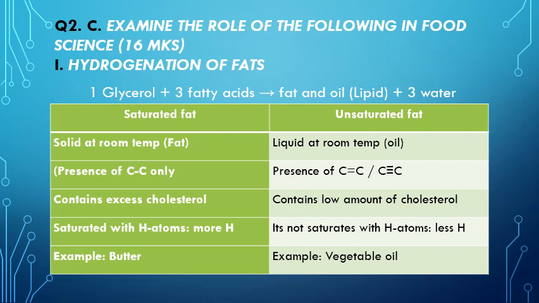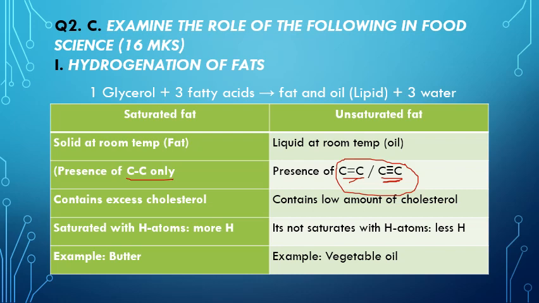Now, for the saturated fats, there is a presence of carbon to carbon single bonds only. Take note of that, only. Whereas for the unsaturated fats, there is a presence of double and triple bonds. And it is because of the presence of these double and triple bonds that unsaturated fats are hydrogenated in order for them to become saturated.